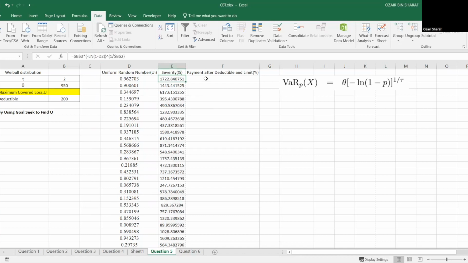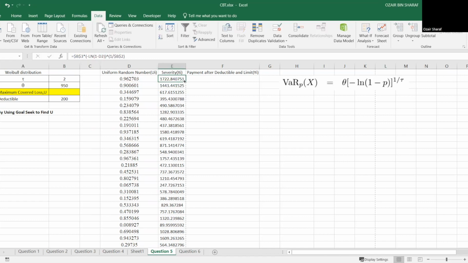By putting in the values, 950 multiplied by negative ln(1 minus the first uniform random number), the whole thing to the power of 1 over 2, you get the first severity.